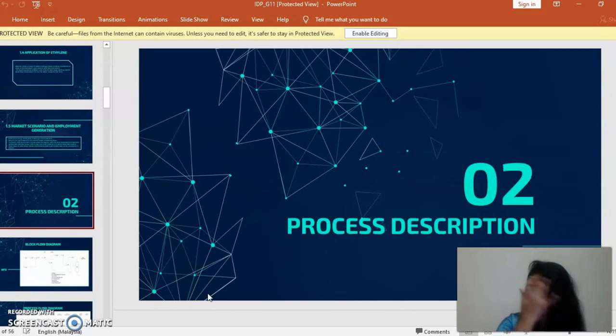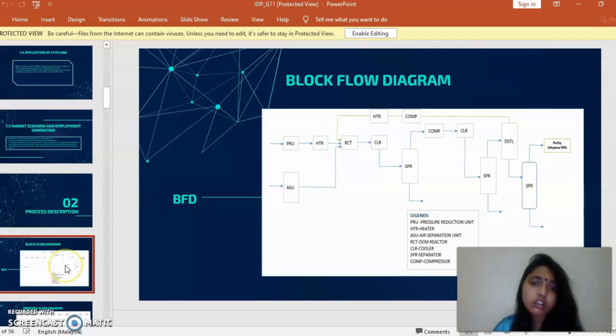Now I am going to explain the process description. This is our block flow diagram. First, our raw material, which is shale gas, will enter the pressure reduction unit and then the heater. Then it goes to our OCM reactor.